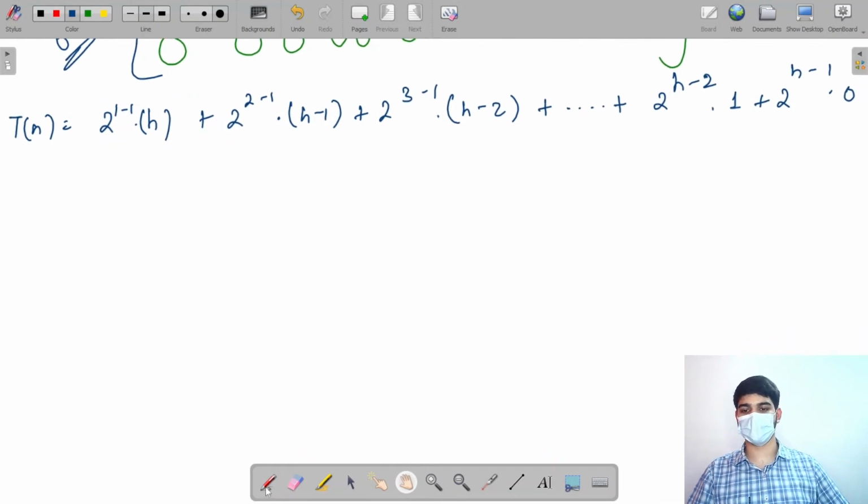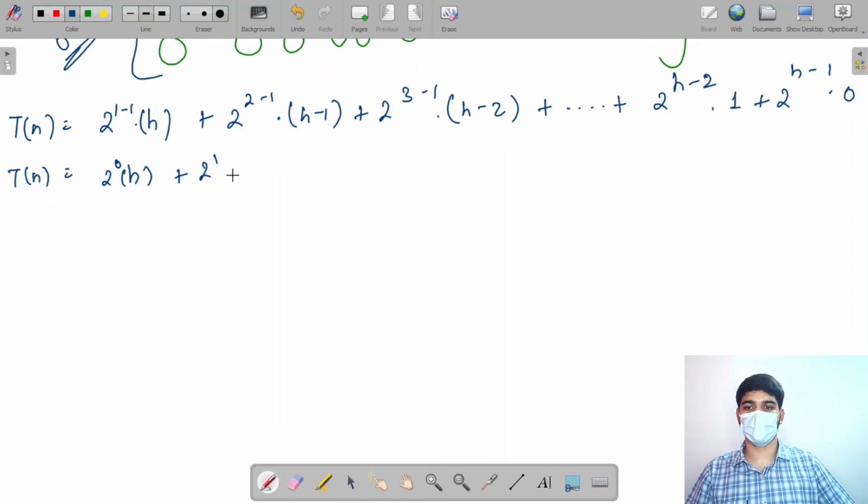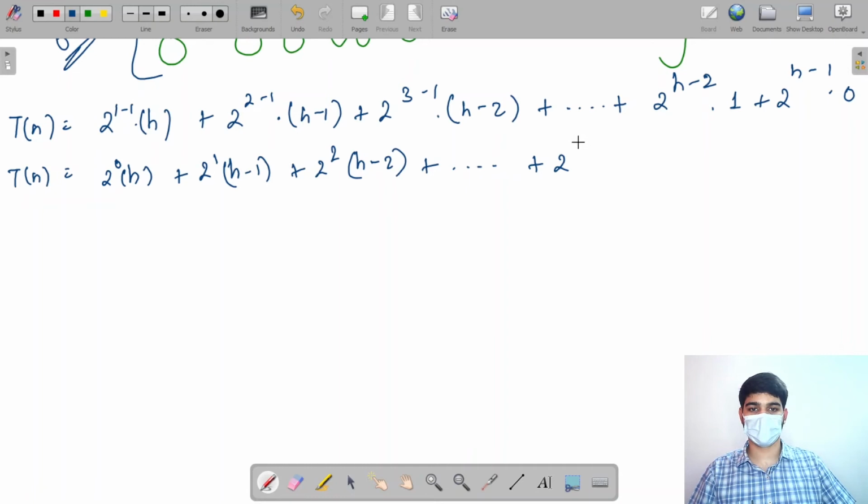I hope it's clear. So if we write this more properly, I can say this is just 2 raised to the power 0 into h plus 2 raised to the power 1 into h minus 1 plus 2 raised to the power 2 into h minus 2 plus 2 raised to the power h minus 2 into 1, and this last term would be 0 entirely.